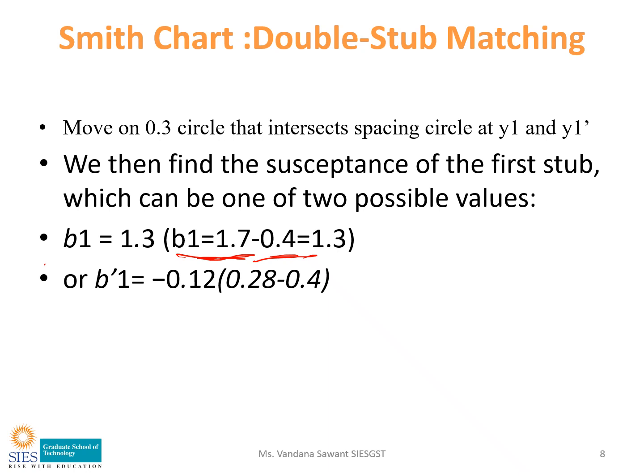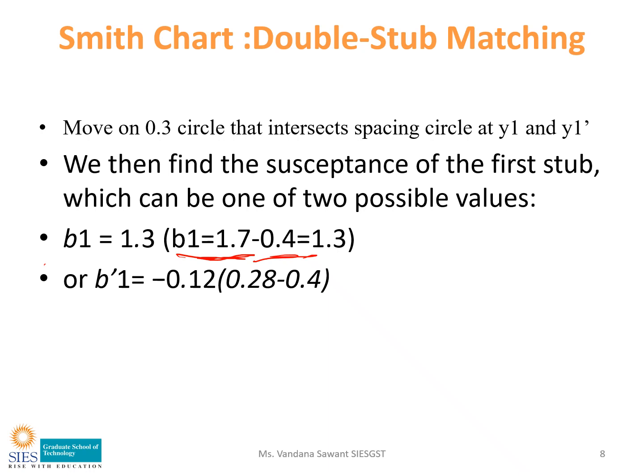So the second possible solution for stub number 1, the susceptance of the second possible stub, b1 dash, is 0.28 minus 0.4, that is equal to minus 0.12. Now we need to find the length related to these susceptances, that is j1.3 and minus j0.12.